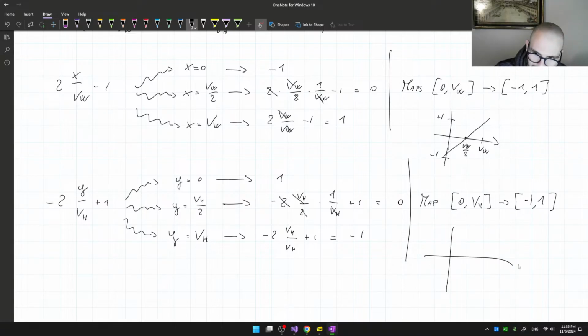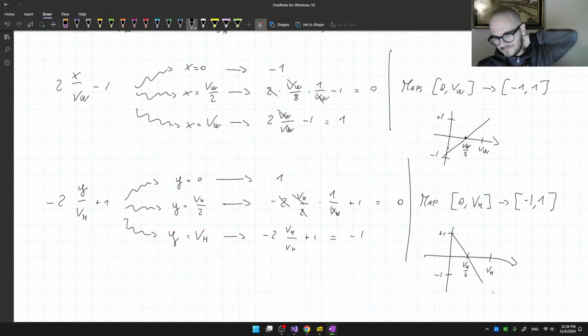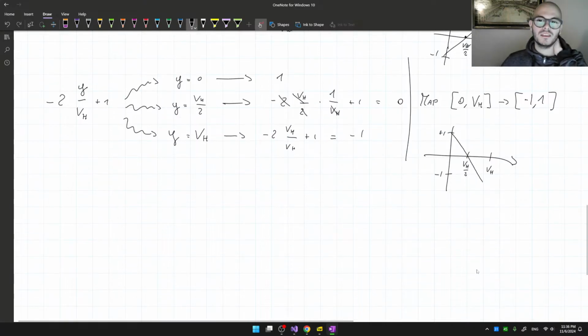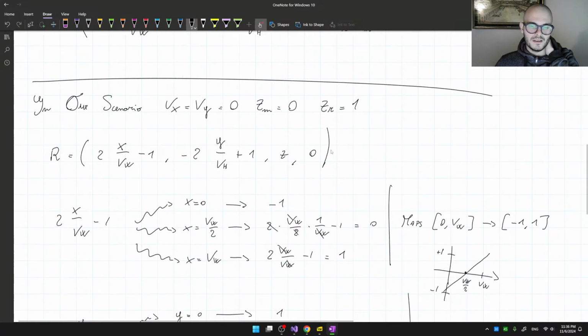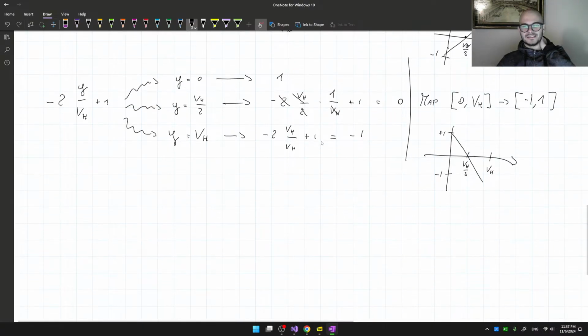Sorry, this is the view height. Let's suppose this is the view height divided by 2. Let's say this is -1. Let's say this is +1. Well, now for 0 we have 1. So it's something like this. It's not the same mapping.